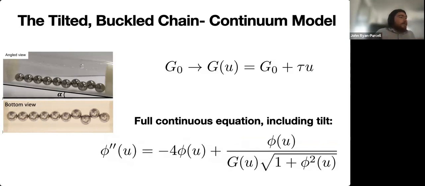This tau times u term represents the weight of spheres above a sphere in the chain, which breaks the symmetry in the system. We now see that these buckling peaks move towards the bottom wall as tau is increased, and we're going to talk about that in more detail as we look at the analytic solutions.